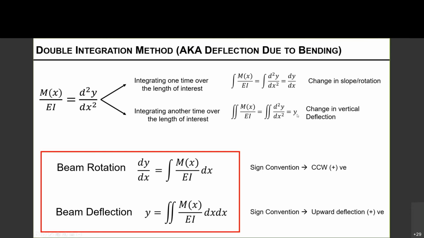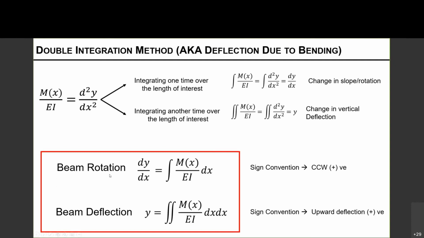Okay, so there are 2 things here. One is the first integral, which gives you the rotation or the slope at which the beam is bending at a particular location that we are interested in. The second one is the double integration, which gives you the deflection at any point that we are interested in. Again, here I'm just giving you the essence of what we have talked about.